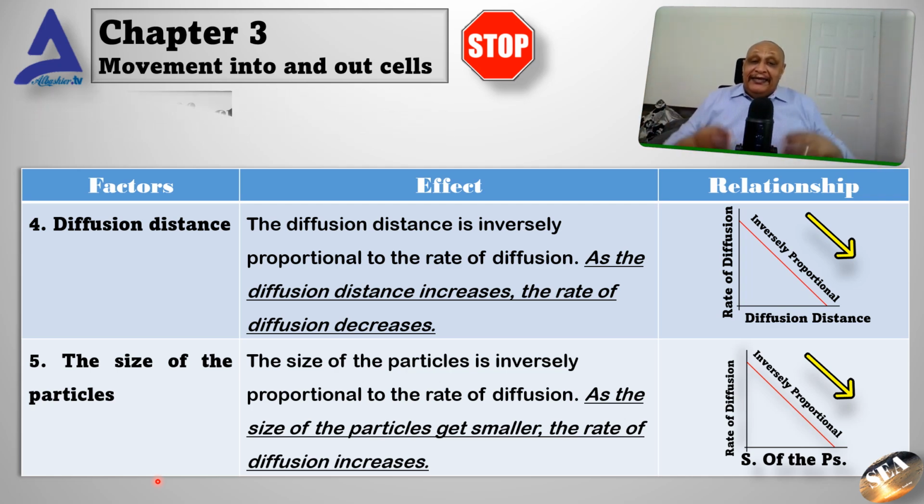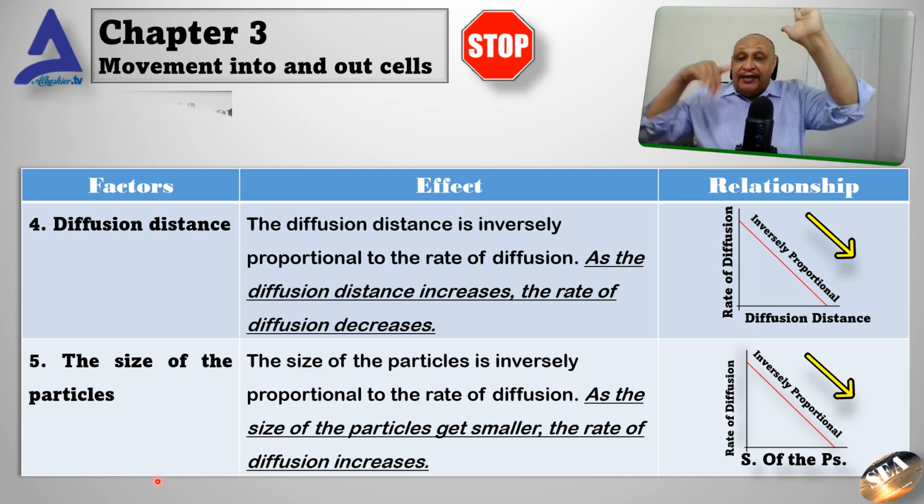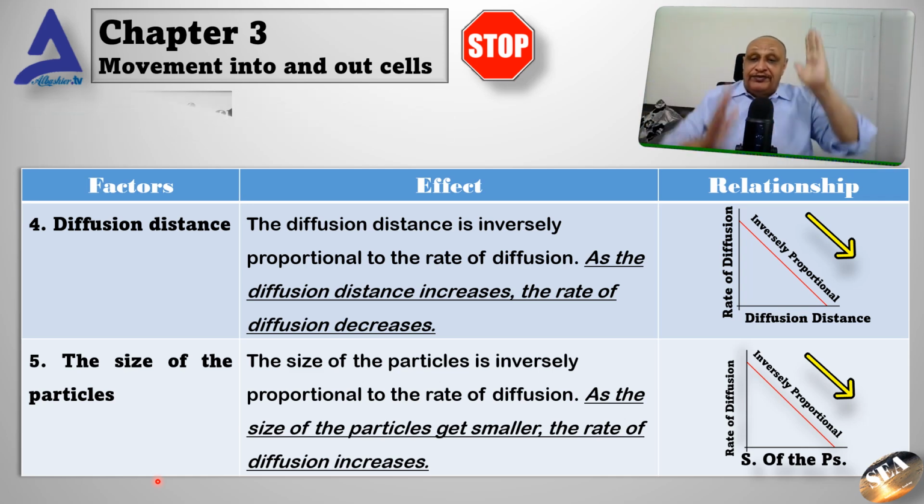As the size of the particles gets larger, the rate of diffusion decreases. They do not take the same direction: one of them is up, the other one is down. Let us go for another one.